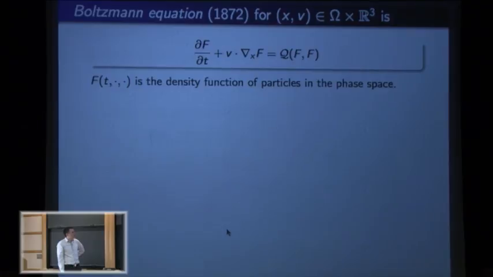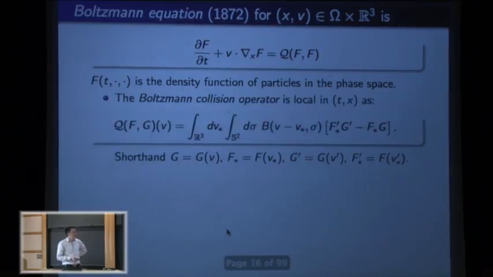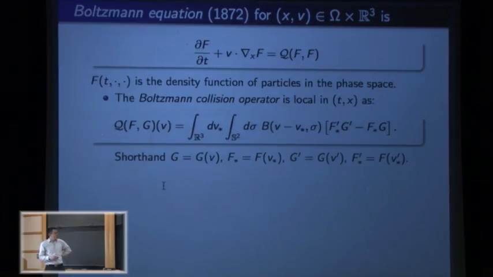So the Boltzmann equation, again, you see it up there from 1872. The next thing to discuss is the collision operator. This is the main quantity that we study. You can think of Q as a function of both f and g.